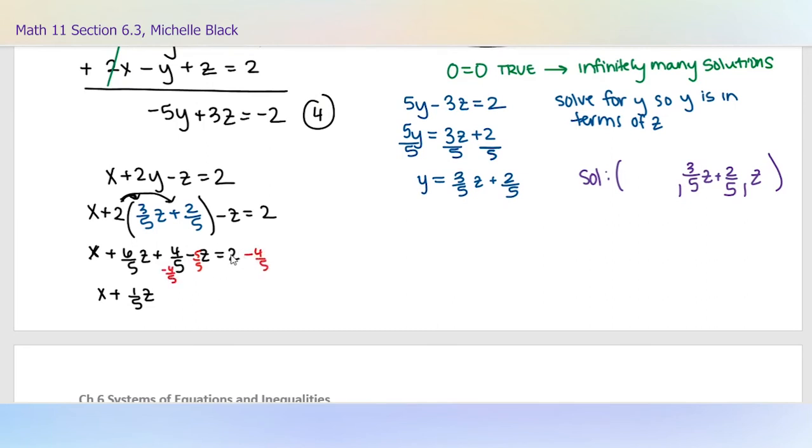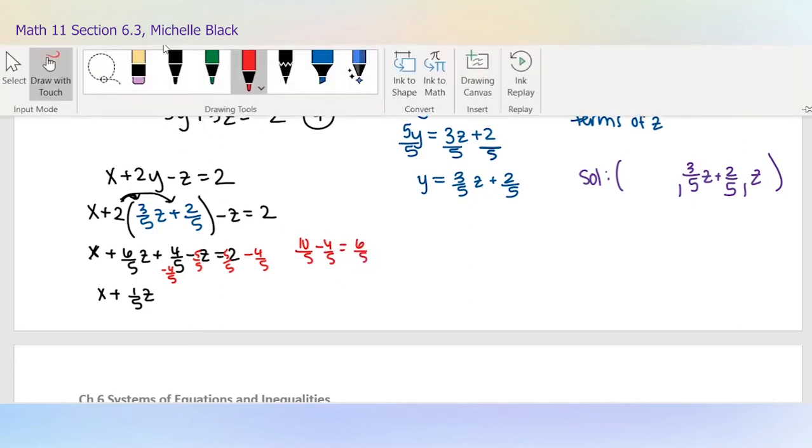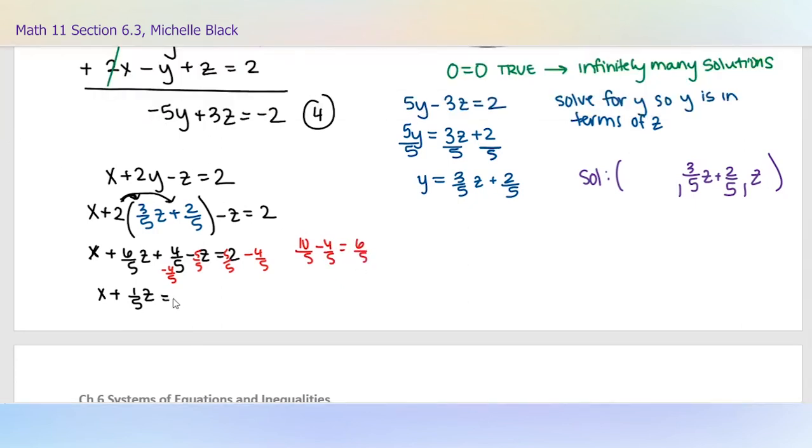And if I want to add these together, I'm going to need a common denominator, so I'm going to multiply by 5. So I'm really doing 10/5 minus 4/5, which is 6/5. So now moving that 1/5 z to the other side, I get x equals negative 1/5 z plus 6/5.